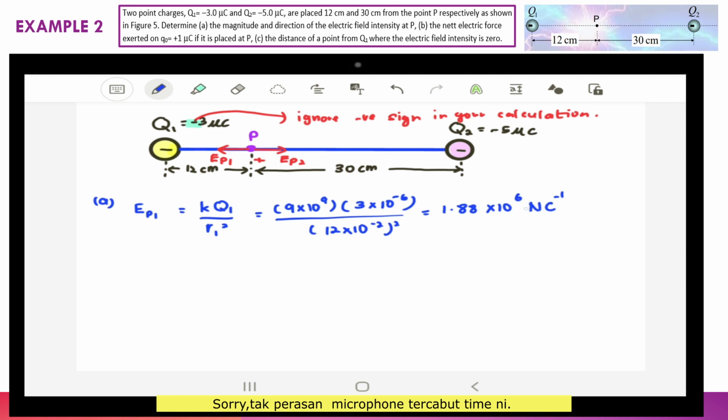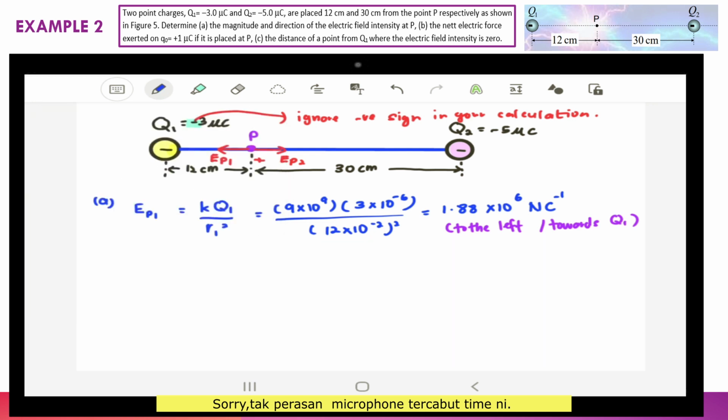So this is the magnitude of the electric field on P due to the first charge, and the direction is to the left, or we can write it as towards Q1.